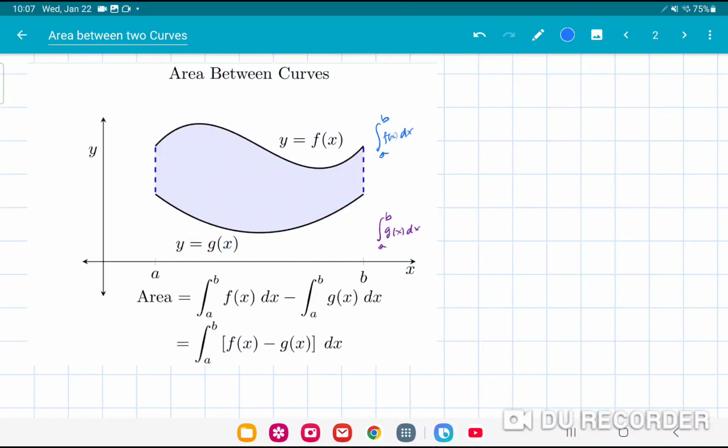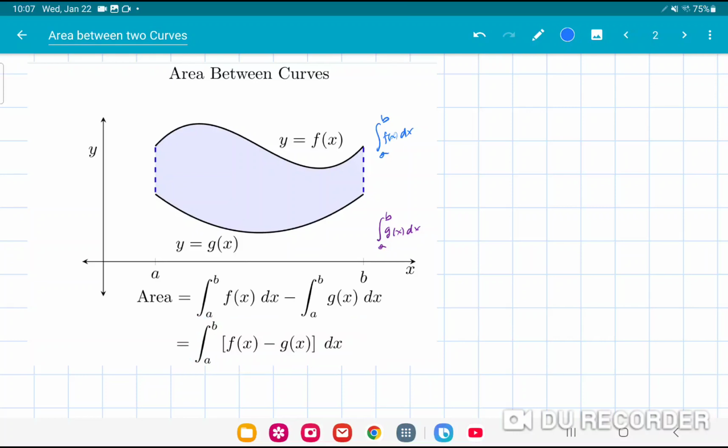So that's what we have here. The big area minus the small area gives us the area we need. A short form of that is take the difference of f and g, and then take the integral. That's because you can distribute the integral through the difference of two functions.